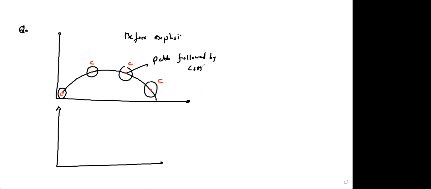The center of mass will continue on the same path, because during explosion, the forces involved are not external, they are internal forces. So the path of the center of mass will not change. It will continue to move in the same path. Although individual particles will move in different directions once the bomb explodes, the center of mass does not.